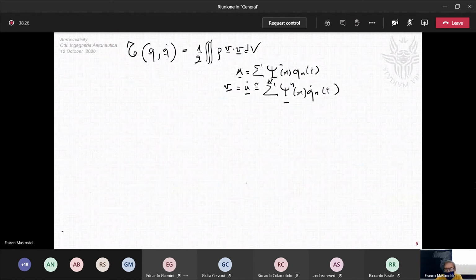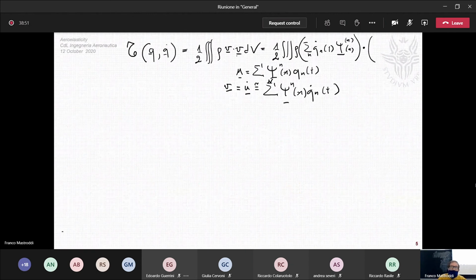Okay, so kinetic energy, we have this, and therefore we can write this like the integral of, for V, I can write the summation over n of q dot n(t) psi n(x), dot the same velocity.